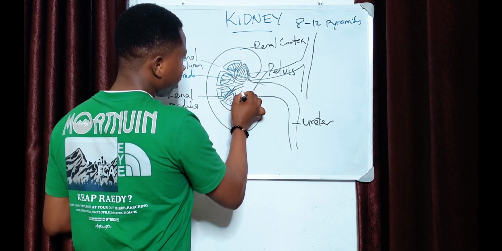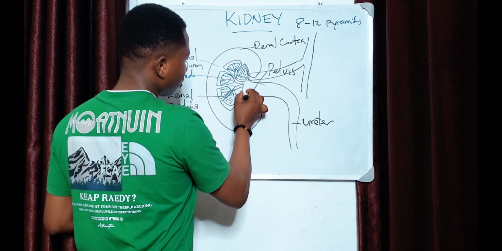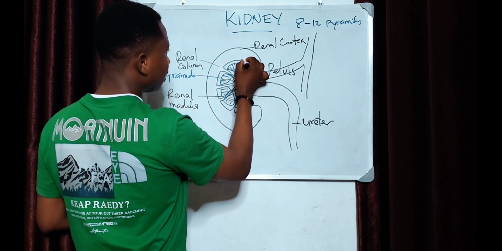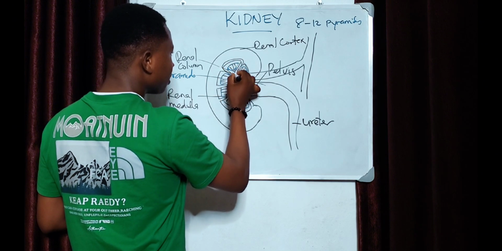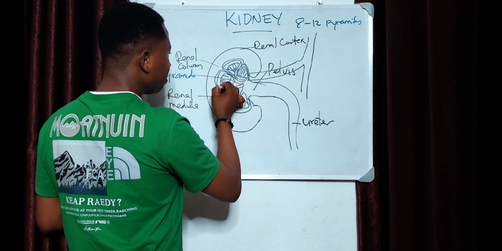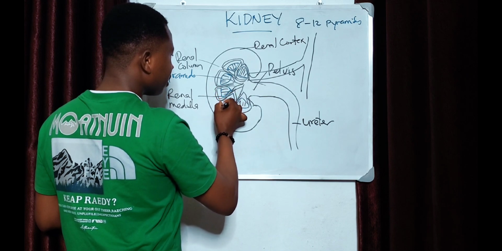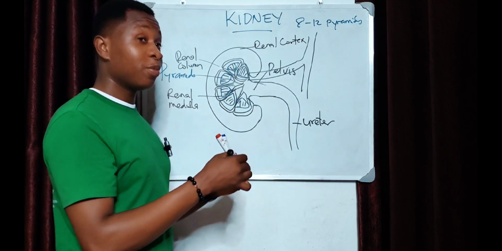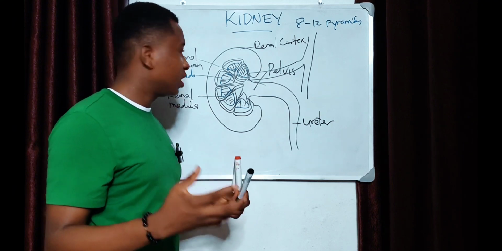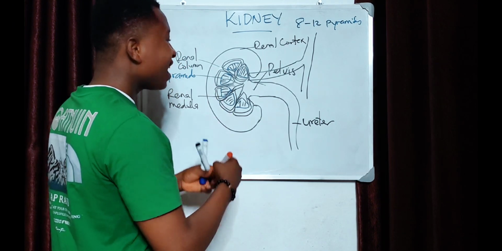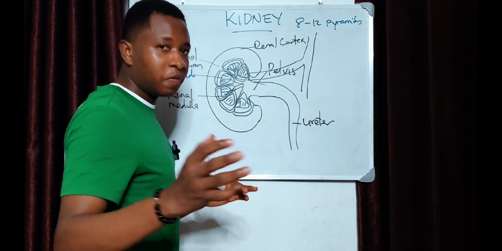It branches into the renal column and surrounds the pyramid. So the diagram is becoming messy. That is the anatomy of the kidney. That is how detailed the kidney is. It surrounds the pyramid.